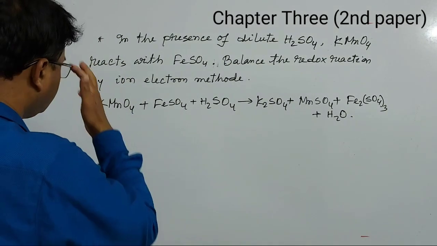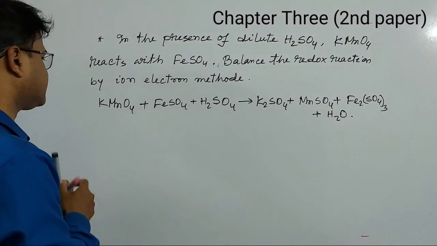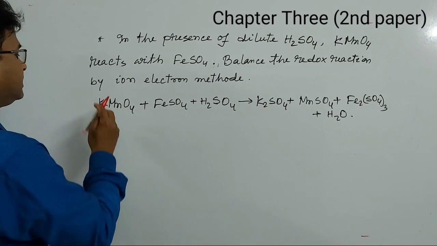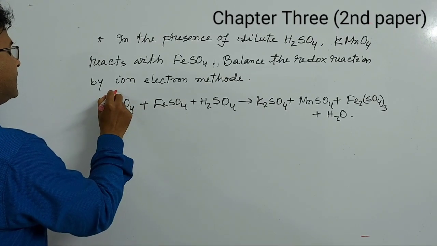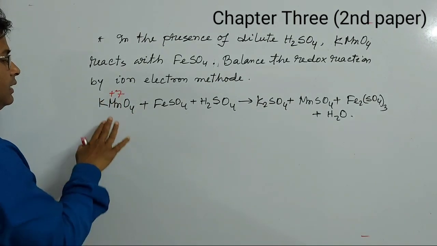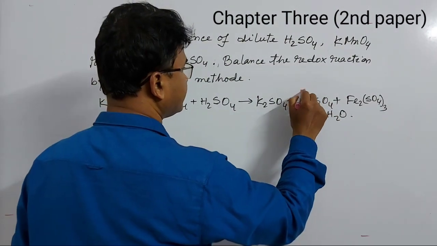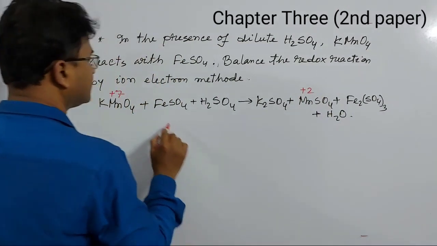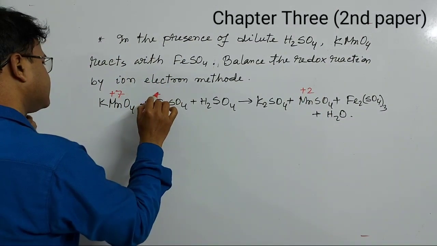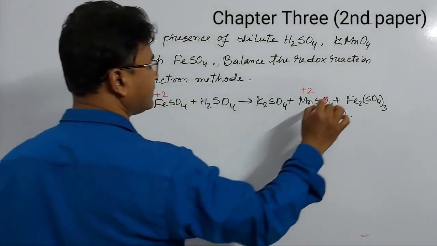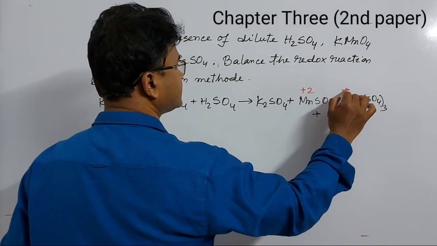Students, now I would like to put some oxidation numbers. The oxidation number of manganese in potassium permanganate is plus 7 and the oxidation number of manganese in the manganese sulfate is plus 2, the oxidation number of ferrous sulfate is plus 2 and ferric sulfate is plus 3.